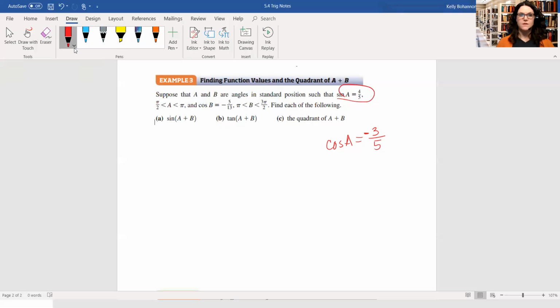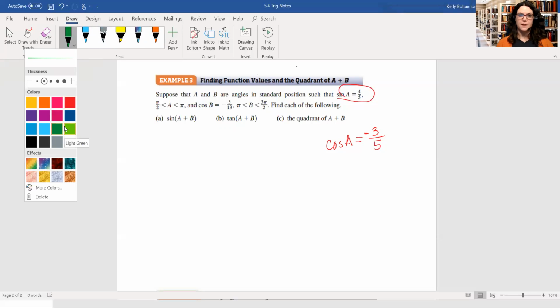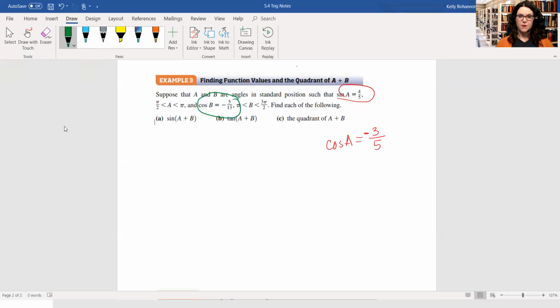All right, so we're going to use the same method for finding sine of angle B. So sine squared of B plus cosine squared, I'm going to go ahead and just write it down as (-5/13) squared should equal 1. So sine squared B equals 1 minus 25/169. I'm going to write this out so that you can see it.